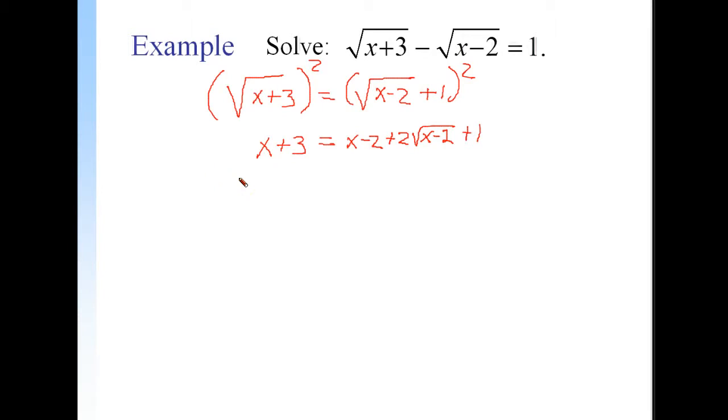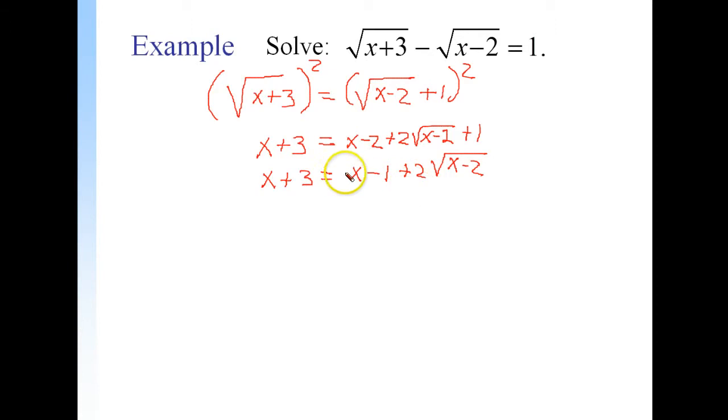Okay? Now what we want to do is isolate this radical. But let's group like terms first. So we have x plus 3 equals x. Now I have a minus 2 and a plus 1. That's going to give me a negative 1. And then plus 2, the square root of x minus 2.